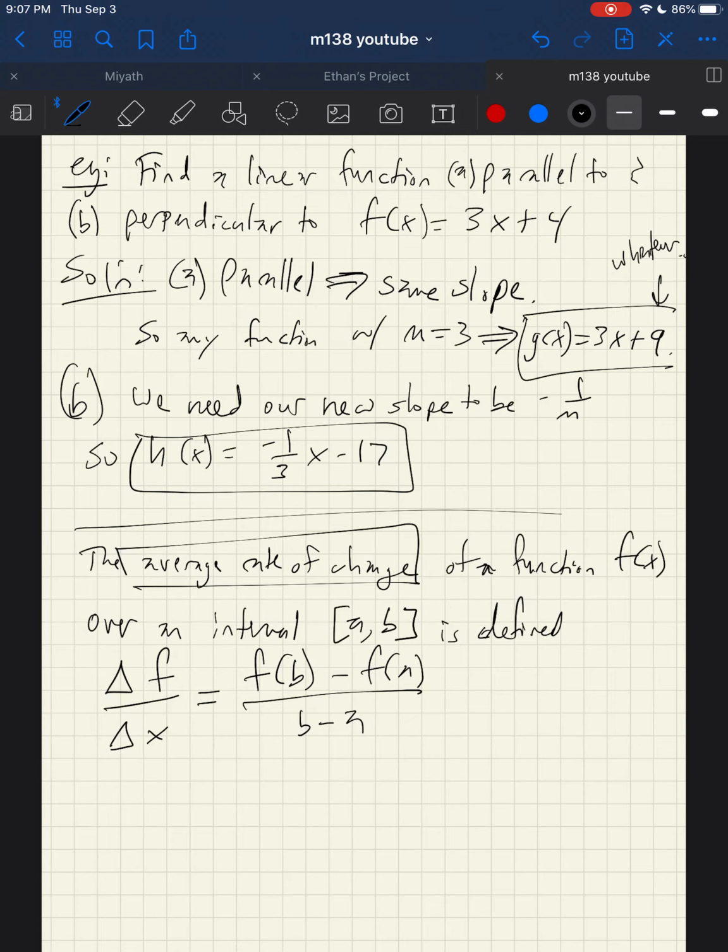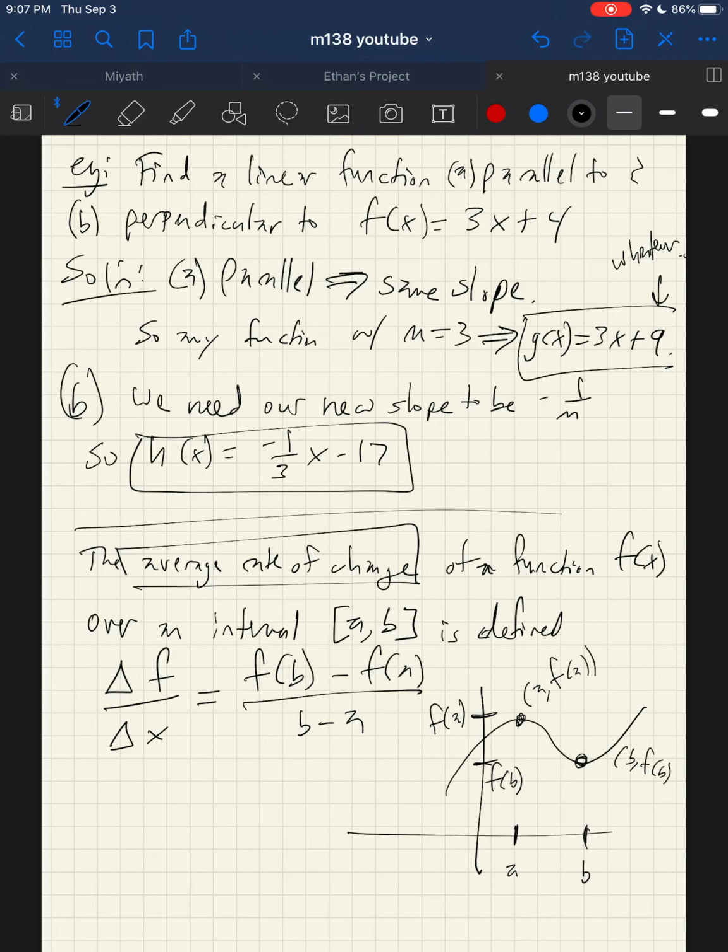Maybe you've heard me mention this, maybe you haven't, but this is what we're going to call the average rate of change, and I want to draw a quick graph for you here, just so you can kind of see what's going on. If I have a function f, and I've got these two x values, a and b, then the average rate of change is going to measure the slope of the line from this point, which has coordinates a comma f of a, and this point, which has coordinates b comma f of b, and it's going to measure the slope of the line through those two points.